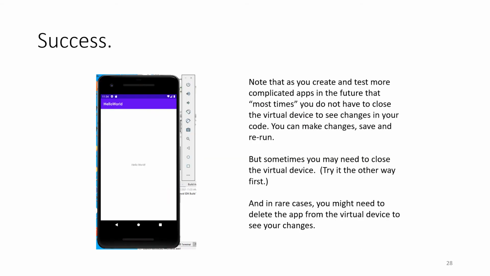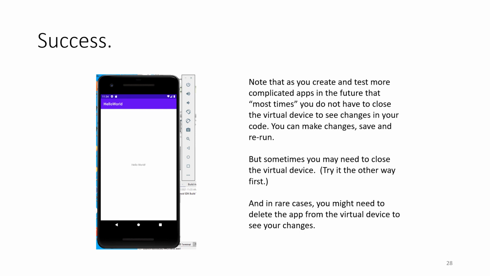So we see on the left our successful Hello World Android virtual device running. Now, as we get to more complicated applications in the future, we will see that many times we can leave the virtual device open, change our code, and then rerun it, and it will just sort of move over to the virtual device and we will be able to see the changes.